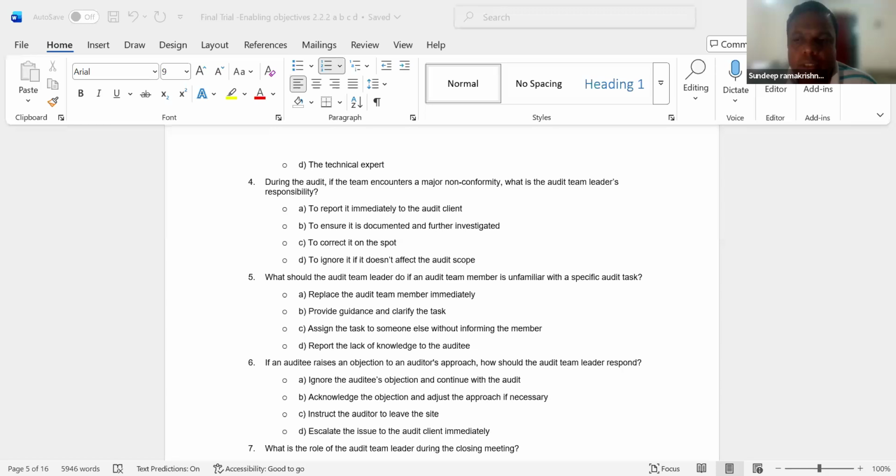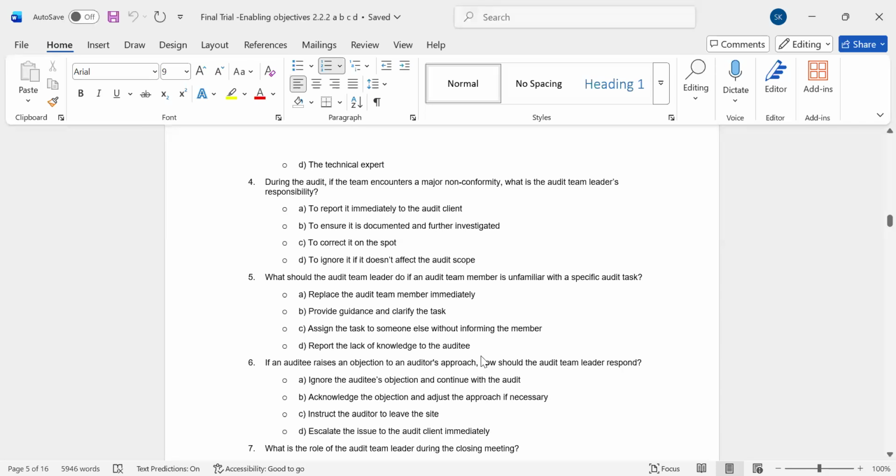Right, next question. Who's reading? Srikanth, sir. What should the audit team leader do if an audit team member is unfamiliar with a specific audit task? Replace the audit team member immediately. Provide guidance and clarify the task. Assign the task to someone else without informing the member. Report the lack of knowledge to the auditee.